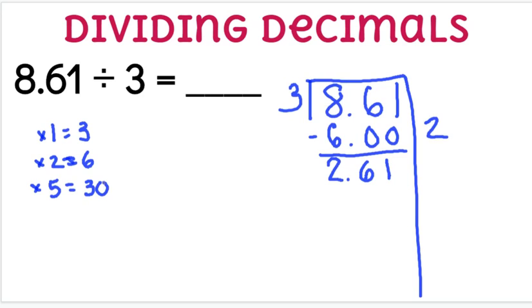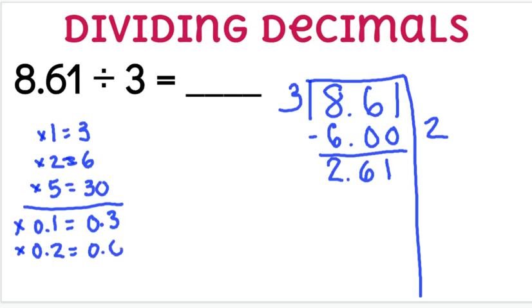And usually we get bigger and we say, well, times 10, times 20, times 50. But at the same time, we could also go backwards and say like times 1/10 is going to be 3/10, times 2/10 is 6/10, times 5/10 would be 1 and 5/10.